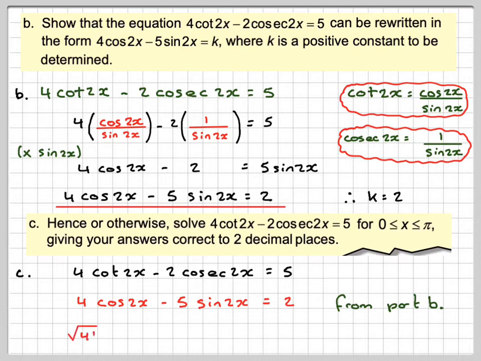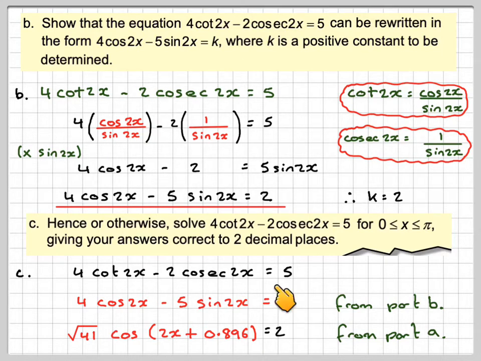And then from part A, we know this is root 41 cos. Now we had cos theta, so theta will have to be 2x, plus that value that we calculated for alpha, which is 0.896, is equal to 2. So I'll just repeat what I've done. That's the original equation. I've used part B to come up with that, and then that relates to part A, and it says it can be written like that.